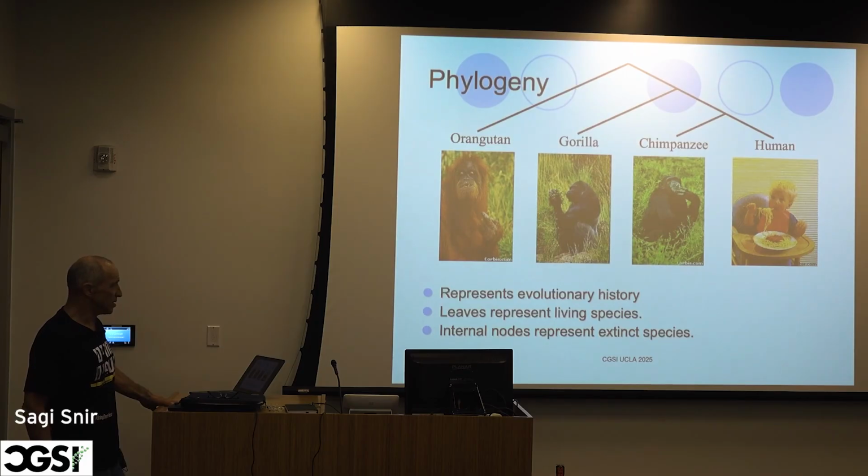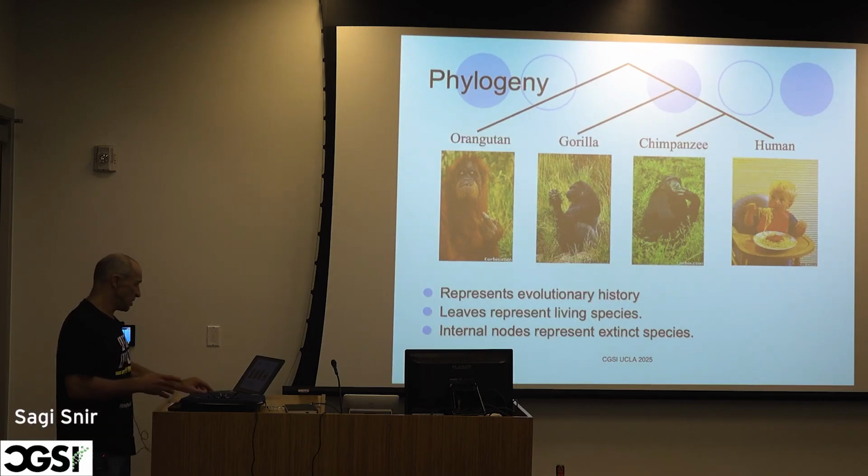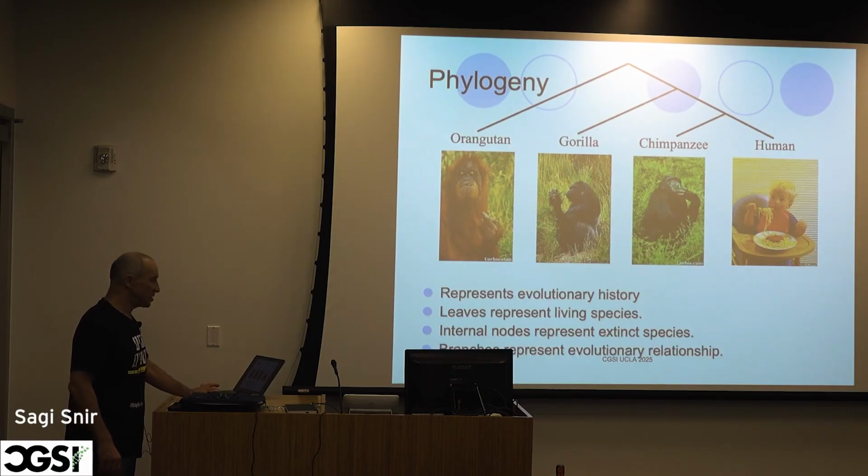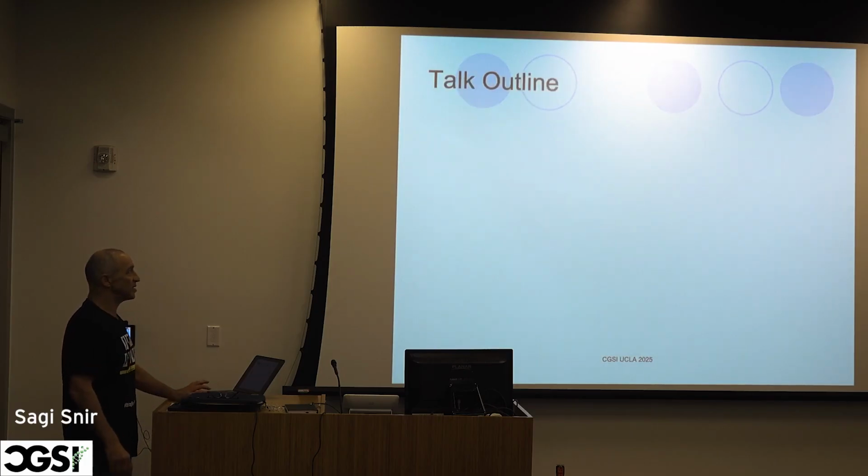The leaves are the living, or extant, species, and internal nodes represent either extinct species or speciation events. This depends on how we view the tree. Now everything is more abstract, more mathematical, but for now, let's look at it this way.